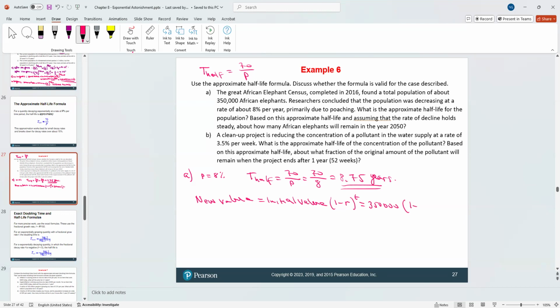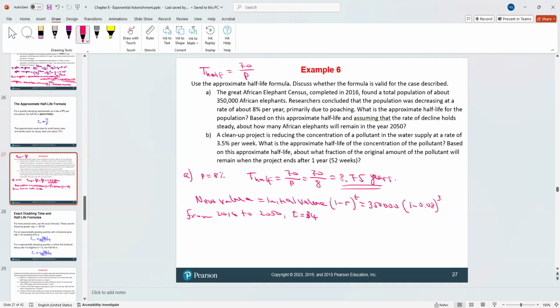The rate is 8%, 0.08. What is t in this case? From 2016 to 2050, you do 2050 minus 2016, so t is 34.